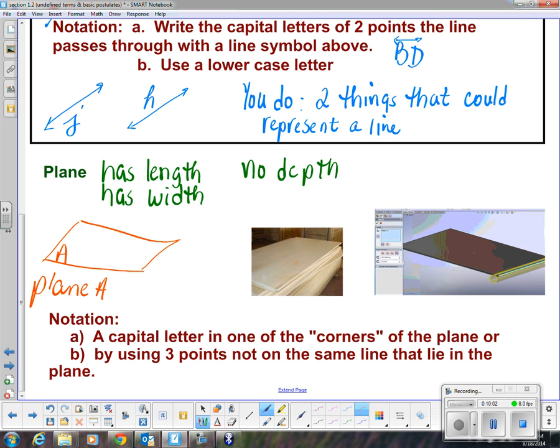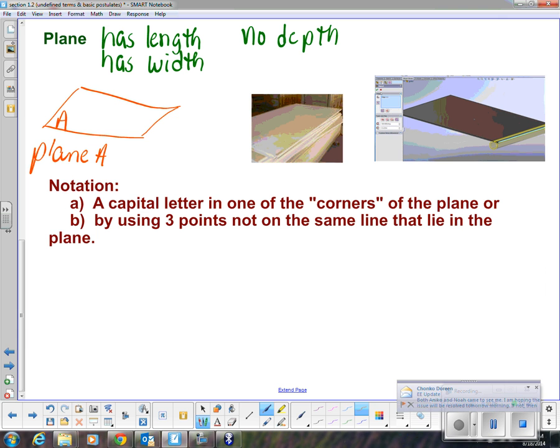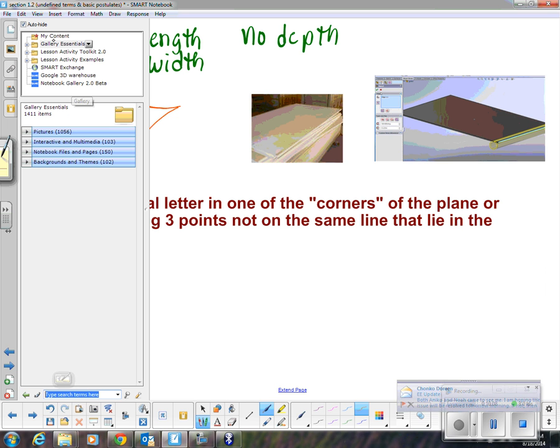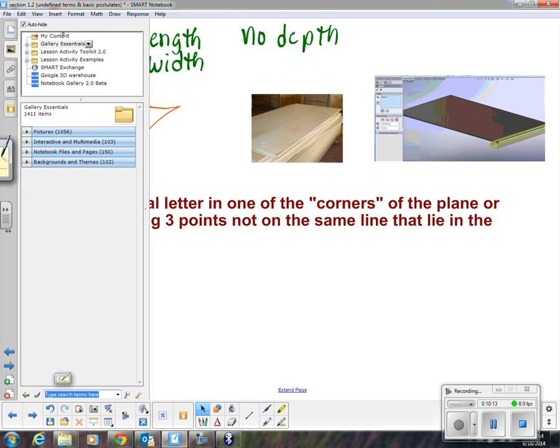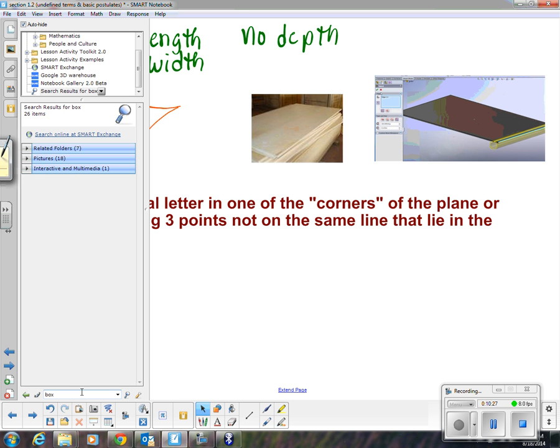Another way we can refer to a plane, suppose I have, and I'm not sure if I put it in here. I don't think so, well, let me look. Oh. All right, so suppose I have, and let's do a three-dimensional figure.